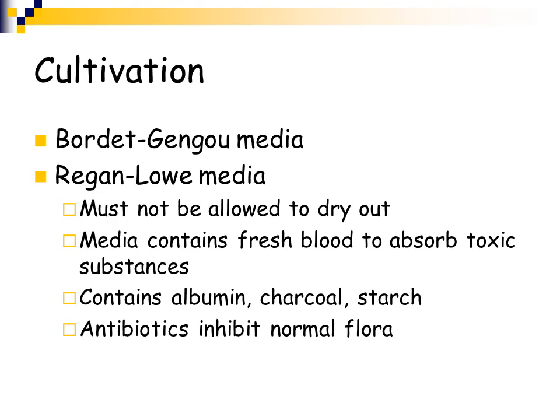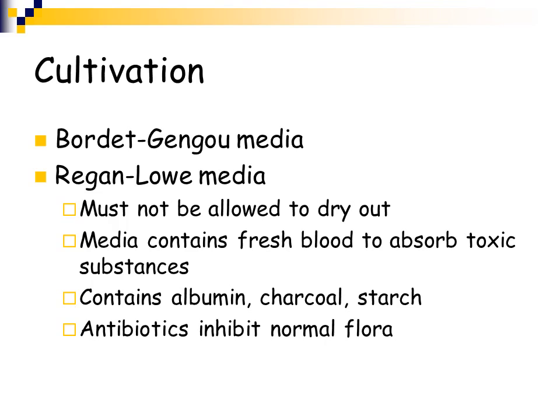Now, it is a fastidious organism, so it has specific growth requirements, and there are specialized media for Bordetella pertussis, one of them is Bordet-Gengou, and another is Regan Lowe. For these types of media, we said the organism is very sensitive to desiccation.